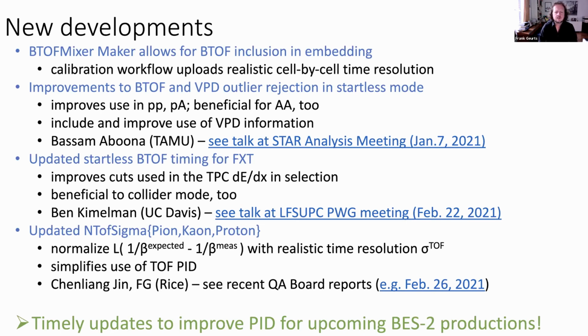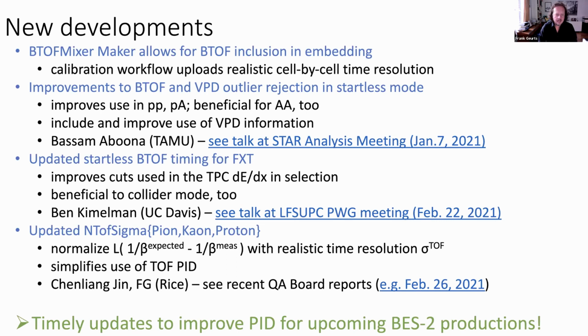Another thing to make it easier for analyzers to use the time of flight information is that, again, thanks to updating the calibration workflow to give us cell-by-cell time resolutions, we updated the NTOF sigma variables that are in the MicroDST, and thanks to Grigory now also in Dev, at least in the PicoDSTs, where we normalize this 1 over beta expected minus 1 over beta measured by a realistic time resolution for each cell.